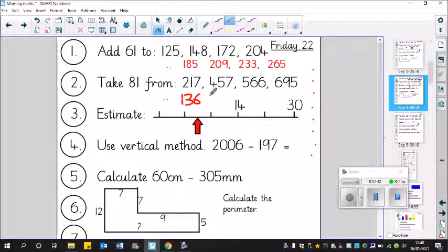Something's wrong there, let's try that again. That's better. 377, but don't forget we're taking away an extra 1, so therefore it becomes 376.